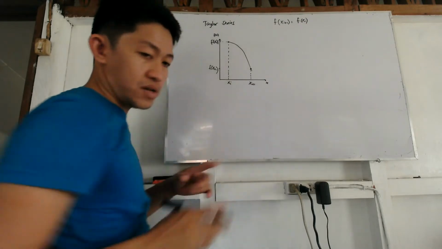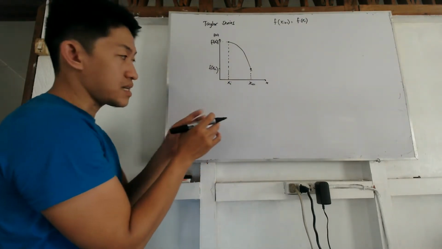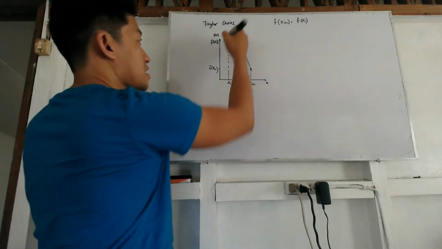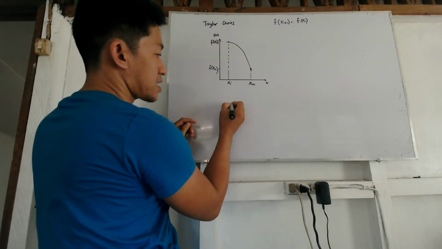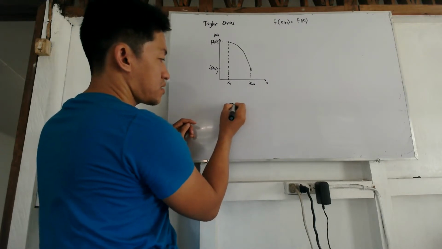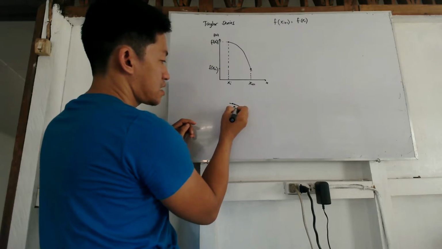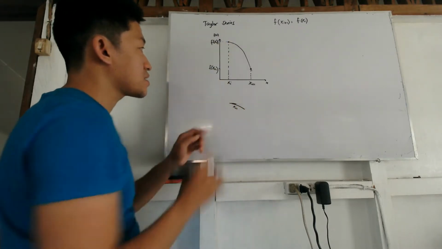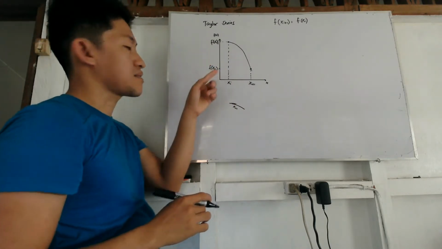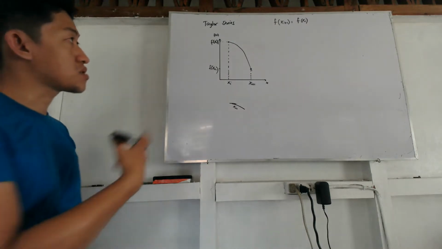this holds true if the difference between x sub i plus 1 and x sub i is very small. So, if say for example, this is your x sub i and somewhere around here is your x sub i plus 1, so almost the same ang value ng f of x sub i and f of x sub i plus 1. So, it could be true.